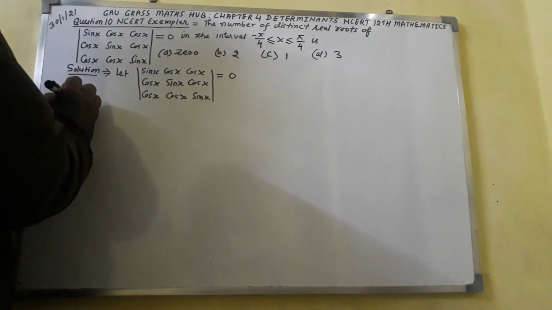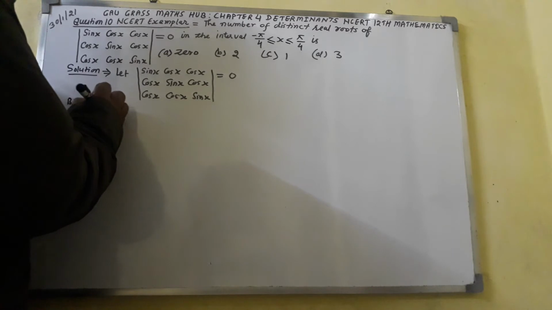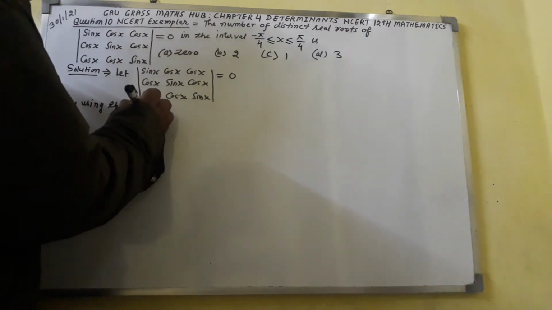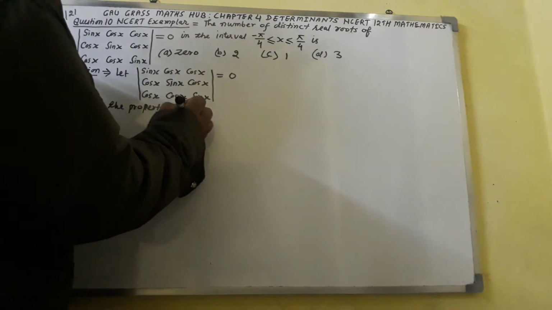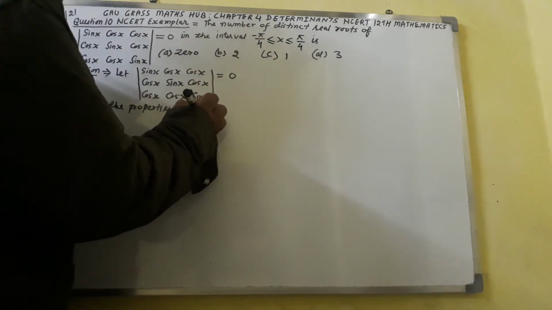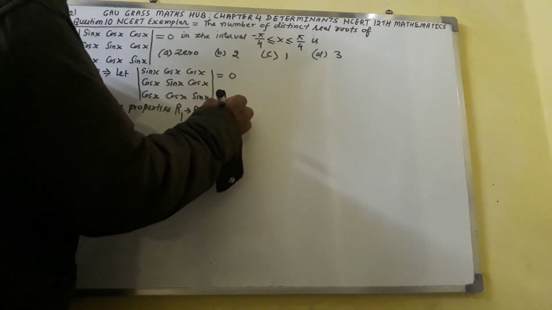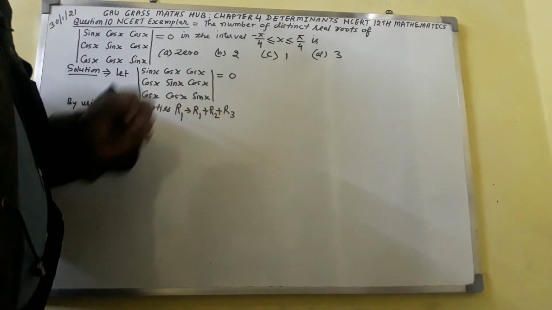So here I shall use the property R1 goes to R1 plus R2 plus R3.